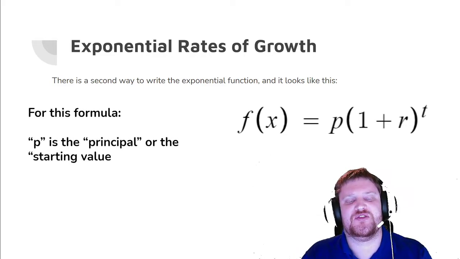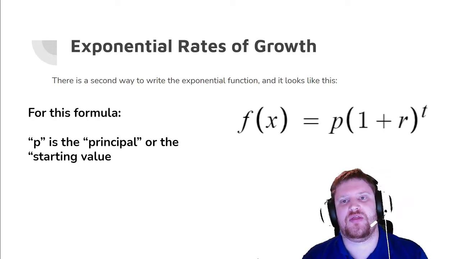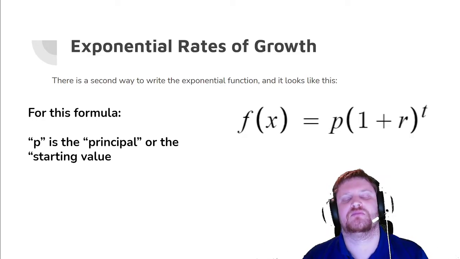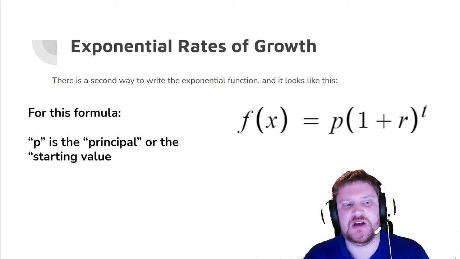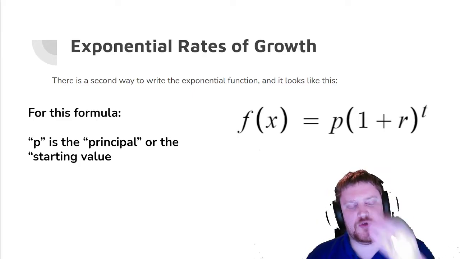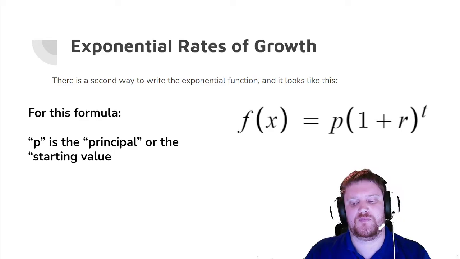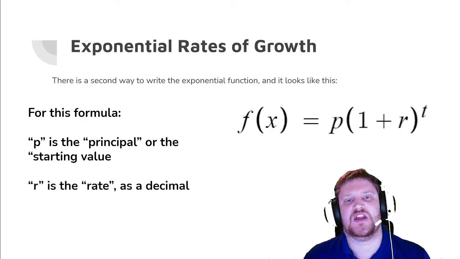P is the principal. It's the starting value. So if you're starting with 3 rabbits, P is 3. If you're starting with 100 bacteria, P is 100. Whatever you start with, that's your P. R stands for rate.